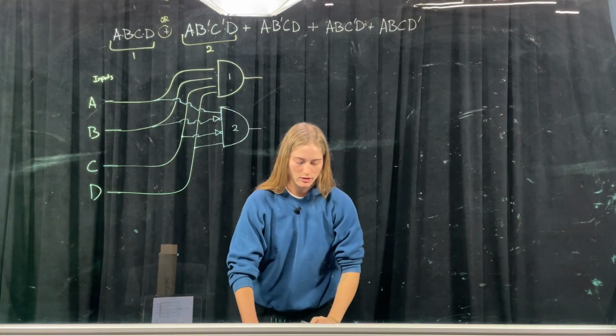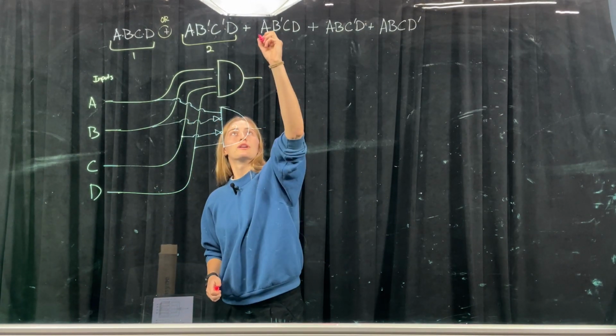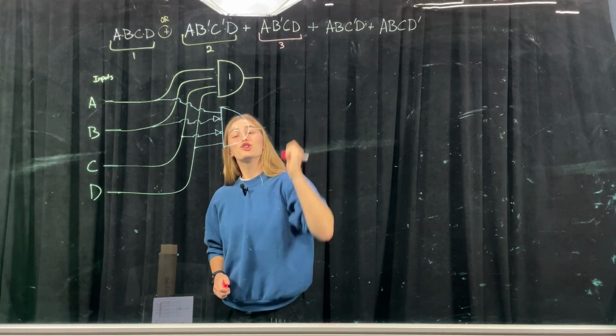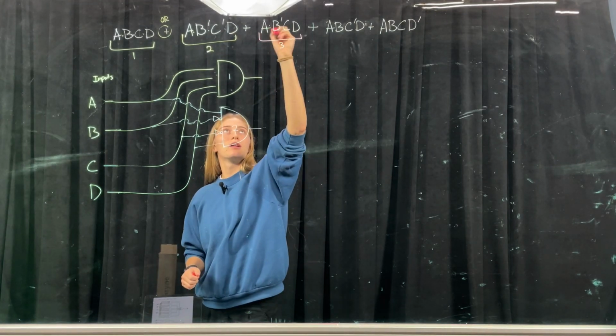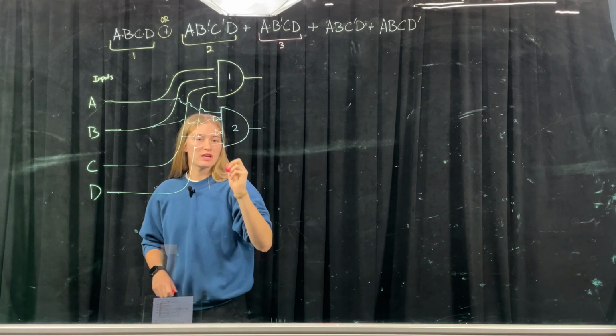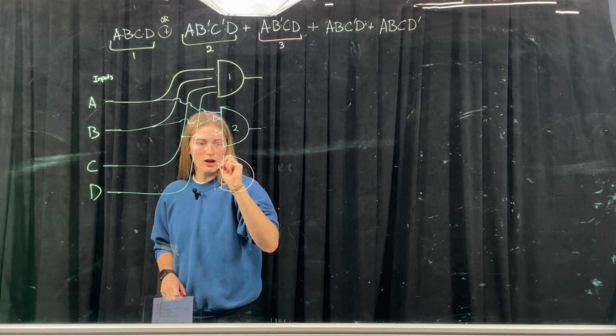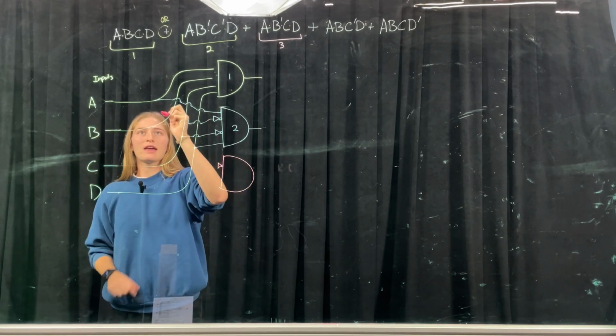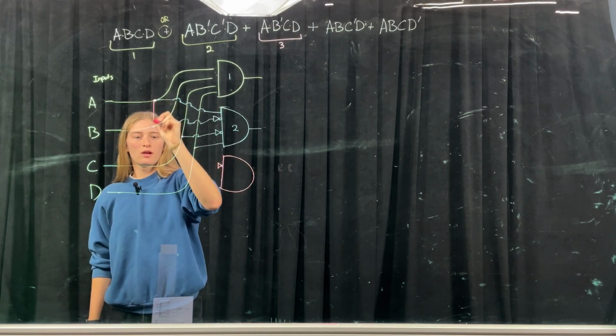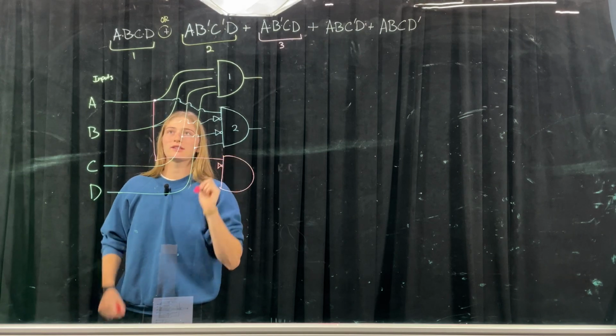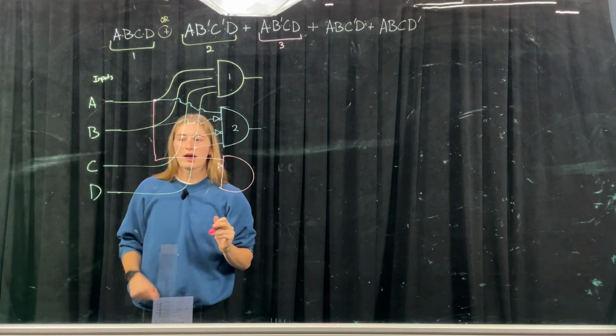We're going to move on to our third term now. I hope you're getting the pattern that we're just going to go term by term, AND gate by AND gate. This one, the only thing that's knotted is B. So I'm going to draw our AND gate and draw our knot for B. Here we've got A. So I'm going to do that. And so again, the dot means that it's from the same wire.